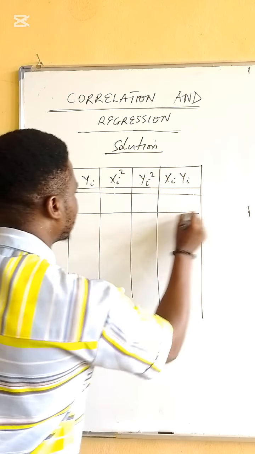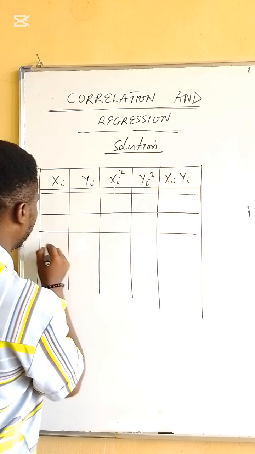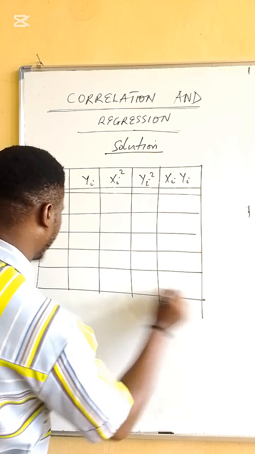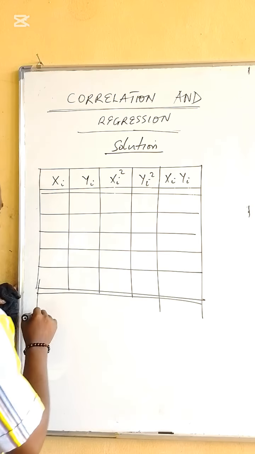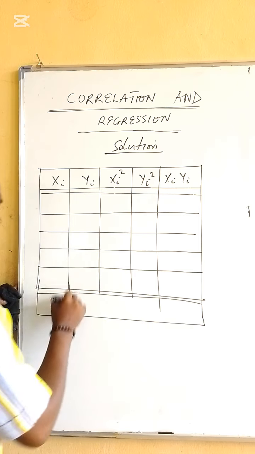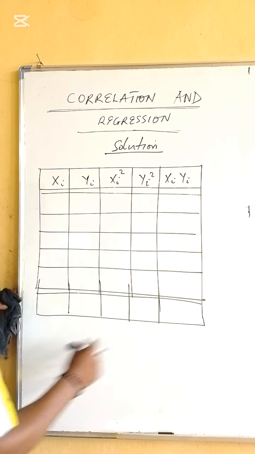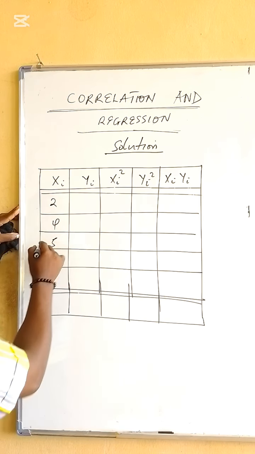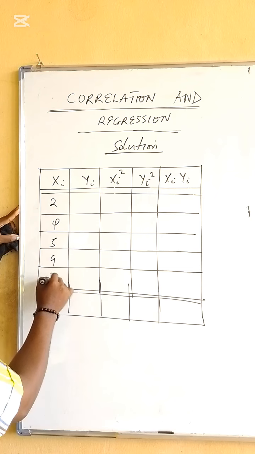So I'm going to put this 1, 2, 3, 4, 5, and finally I'm going to leave this row for my totals. Okay, so now that you've done this, you can now put here 2, 4, 5, 9, and 3.